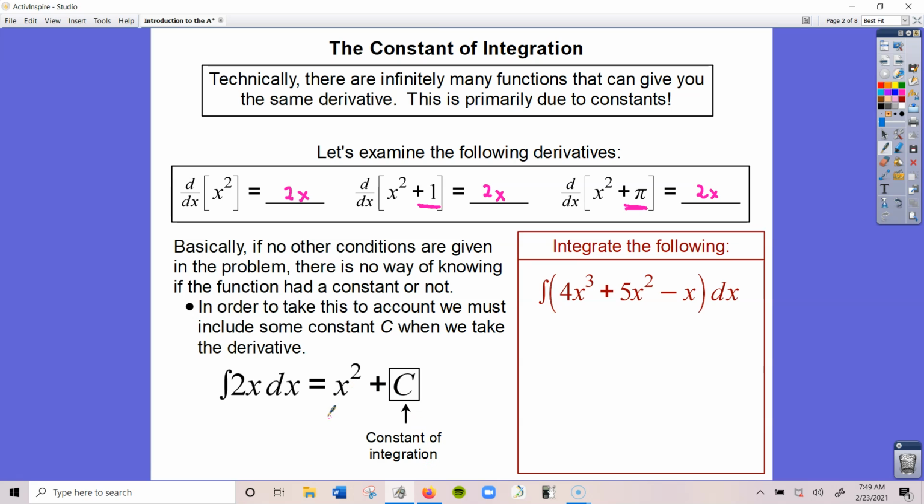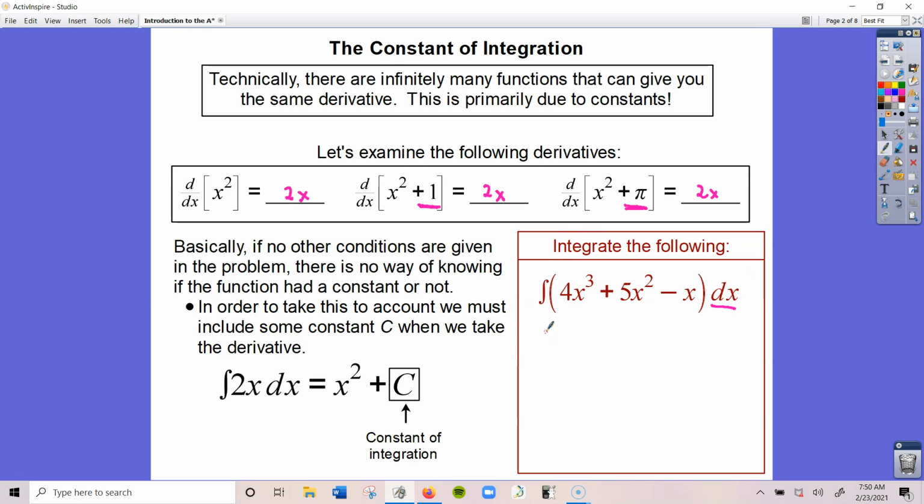This means that when you integrated your function, there may or may not have been a value of c at the end, some constant. So for example, we want to integrate 4x to the third plus 5x squared minus x with respect to x, because that is what the dx represents.